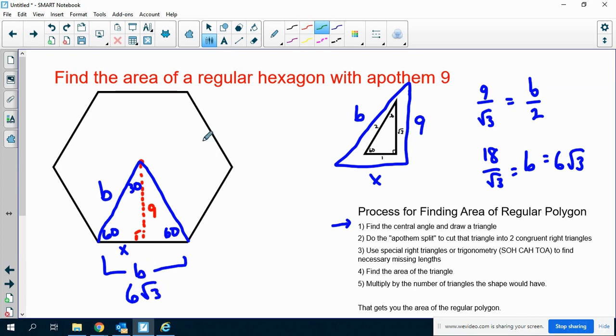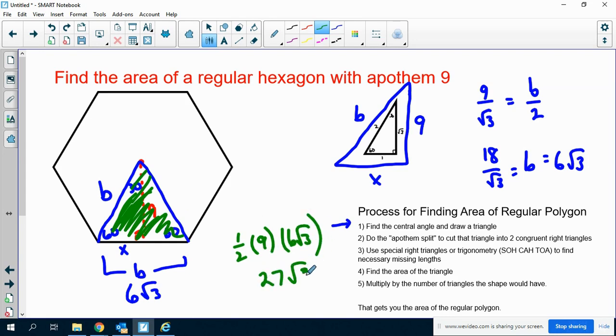So now in order to find the area of this triangle, 1/2 times 9, which is the height, times 6 square root of 3 gets me 27 square root of 3. 27 square root of 3 is one triangle. I need 6 of them.